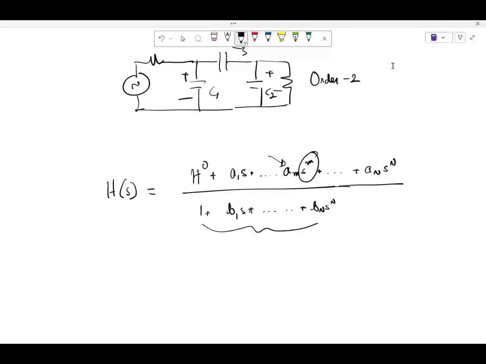So essentially, I have to find out a way of figuring out the highest non-zero coefficient, the non-zero coefficient for the highest power of S.